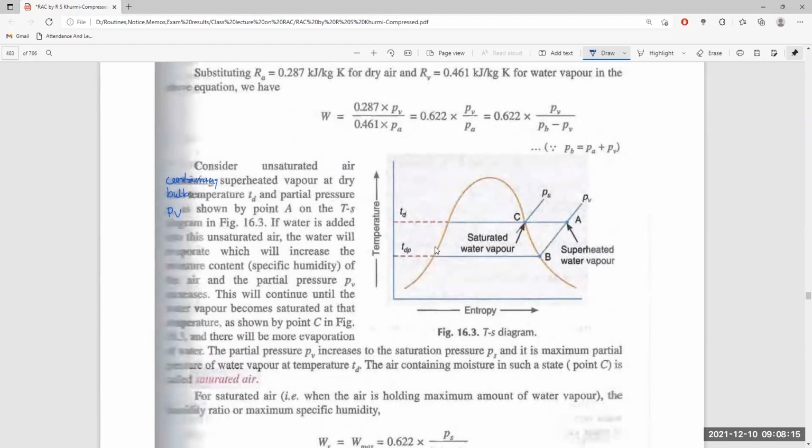Now, we have entropy and temperature, where TD is the dry bulb temperature, and it is equal to the dew point temperature. We plotted two lines over a TS diagram.